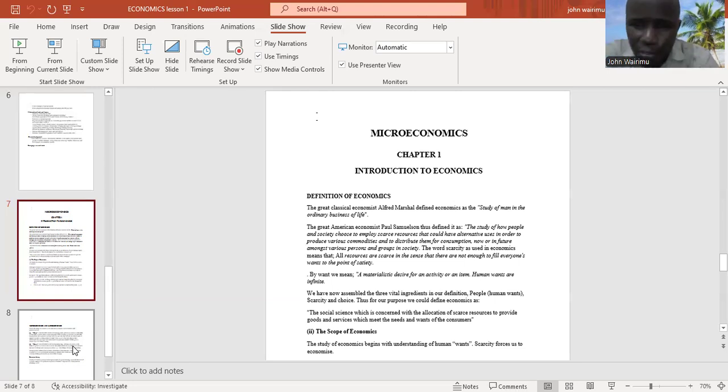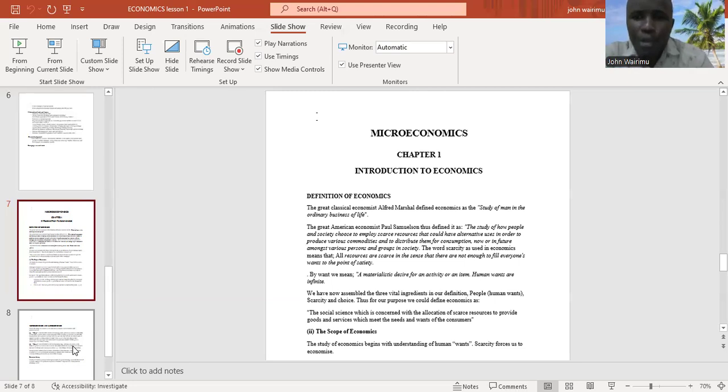Now, this American economist defined it in a long way, but he is saying how you employ your scarce resources, which have alternative uses, but you have decided to allocate them to a particular project, so that it produces various commodities and you're able to distribute them for consumption either today or in the future.